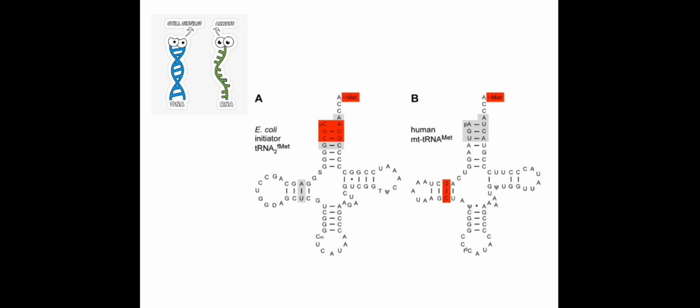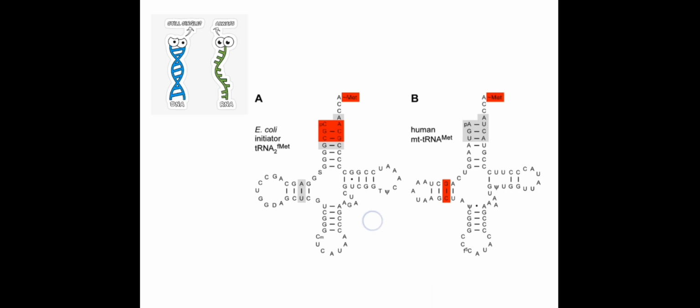Here you can see this is what we call the acceptor arm of tRNA. This is what we call the T psi C arm of tRNA. This arm we call the DHU loop, and this is a single V-like structure.